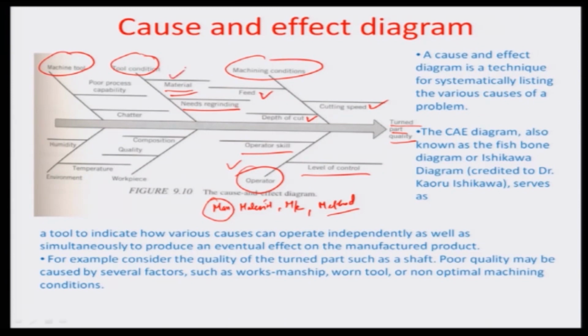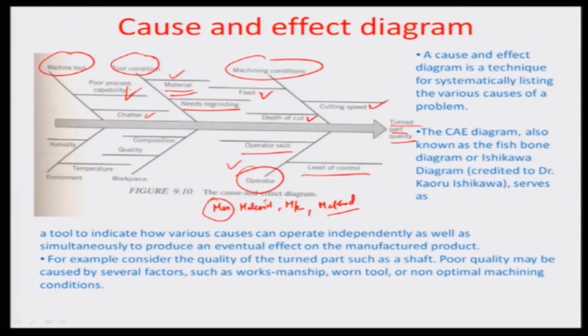And then obviously this is the method side, which may include a lot of systems or aspects. For example, is there a machine chatter in the overall method which is creating a wobbling of the turned part, which may result in a poor surface finish. We can also talk about whether the process capability of the system is poor.